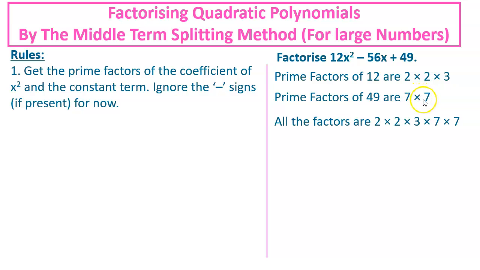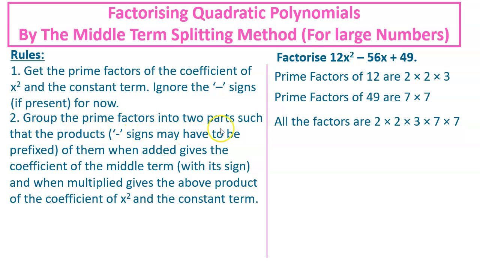I have not arranged them. In case you write the prime factors side by side and you see they are not arranged in ascending order, it doesn't matter. You don't have to arrange them. If you want, you may arrange them in ascending order, but it is not necessary. Okay? So now let us move on to the next rule.